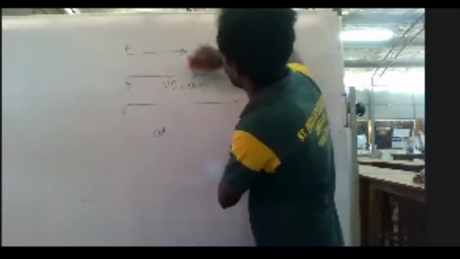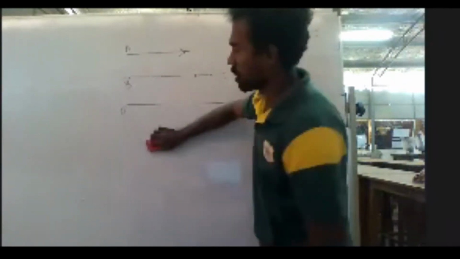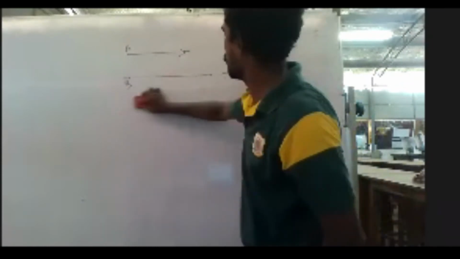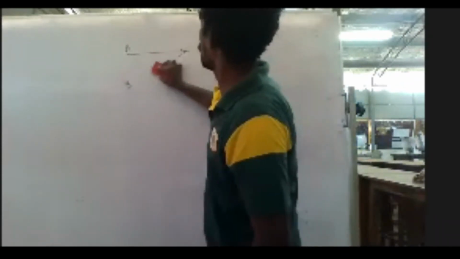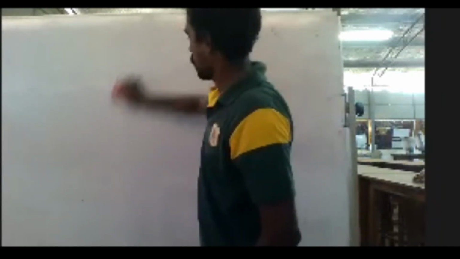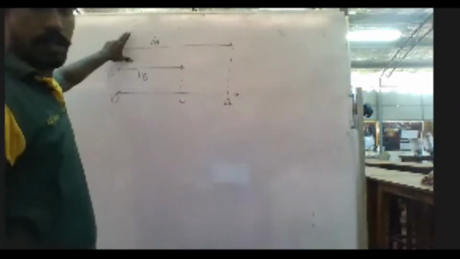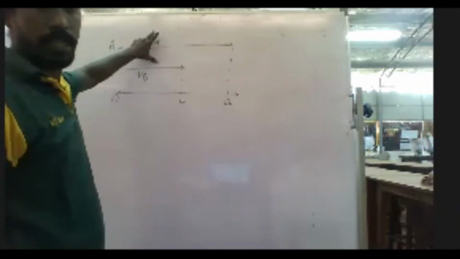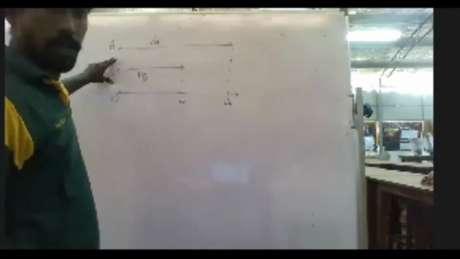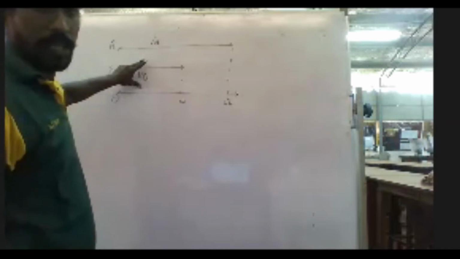Now we will put in the equation. So I will erase this 50, 100 and everything. Now we will slowly move to the concept, right? A body moving with VA, B body moving with VB, right?